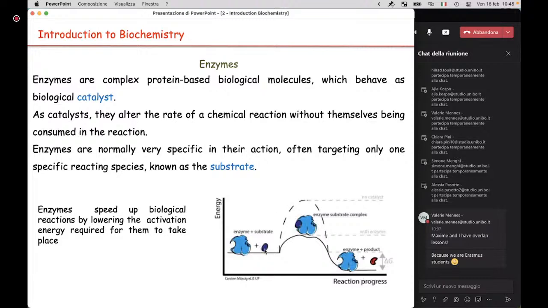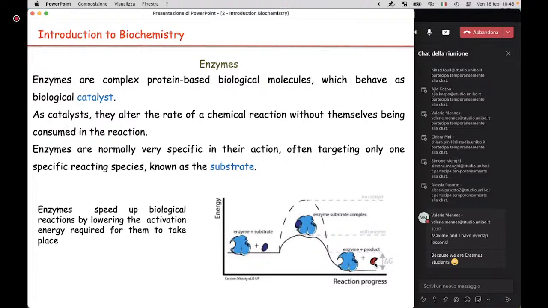And what enzymes usually do is to take, for example, two compounds and bind them, not very strongly, to themselves, and to orient, to change the position of the two reactants so that they can react very easily.